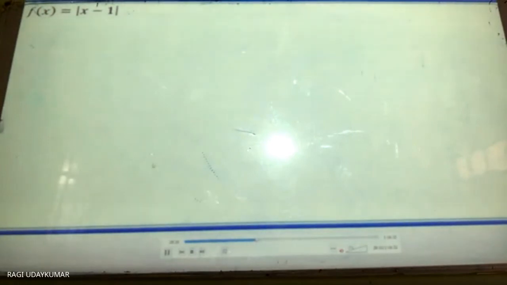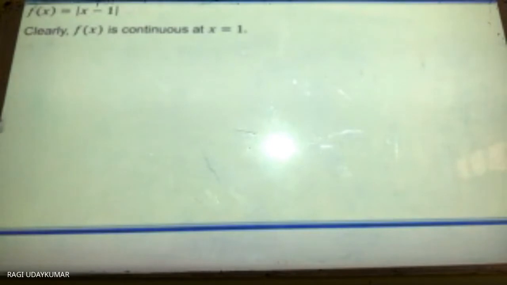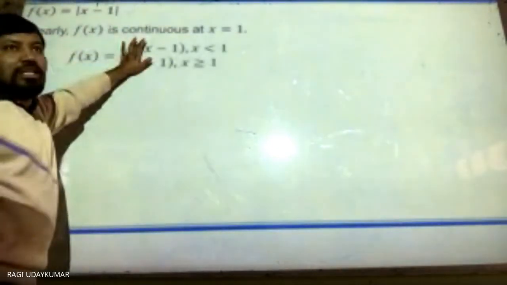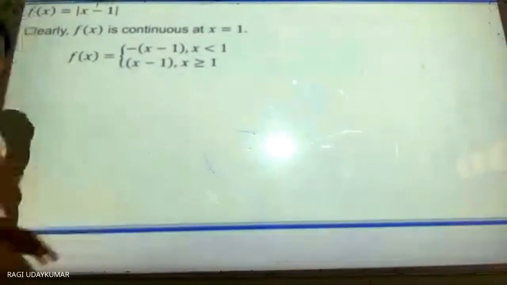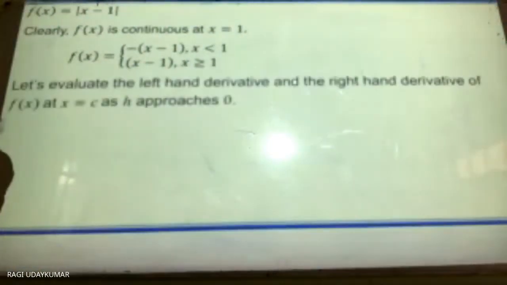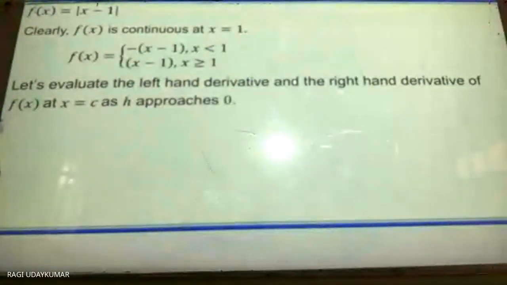For that, let us see one example. Take f of x equal to modulus of x minus 1. Clearly f of x is a continuous function at x equal to 1. Why is it continuous? How will the graph of this function look?